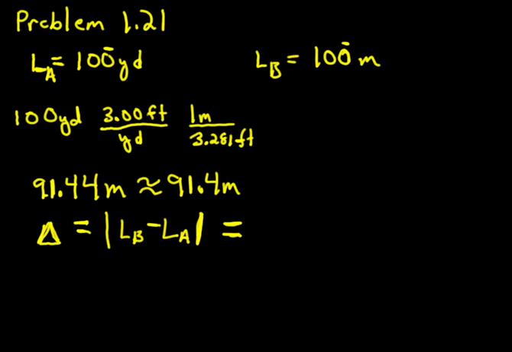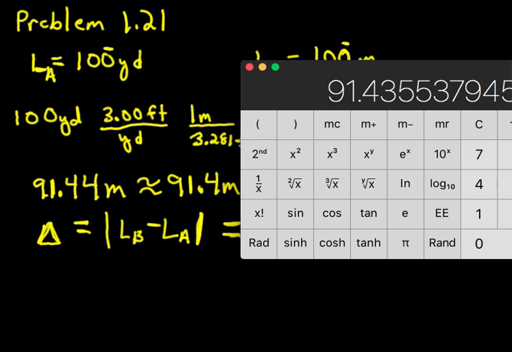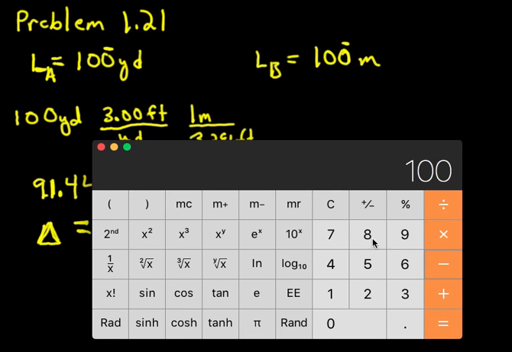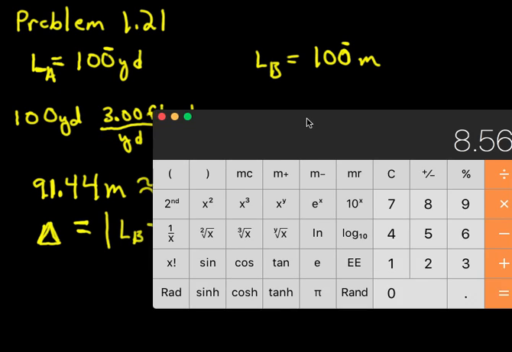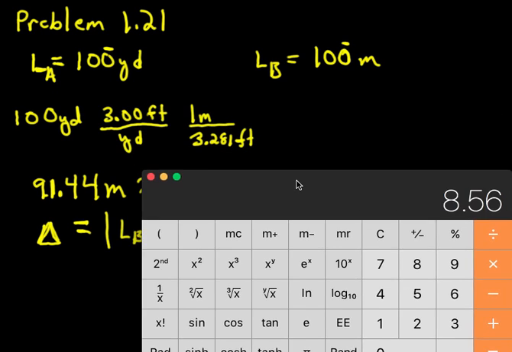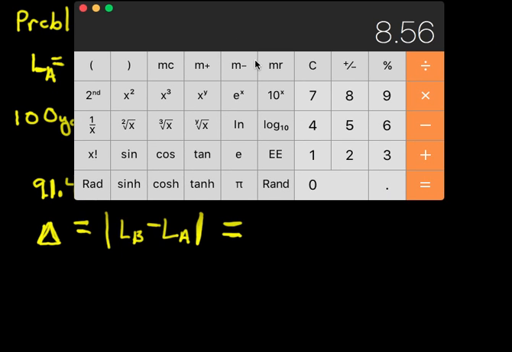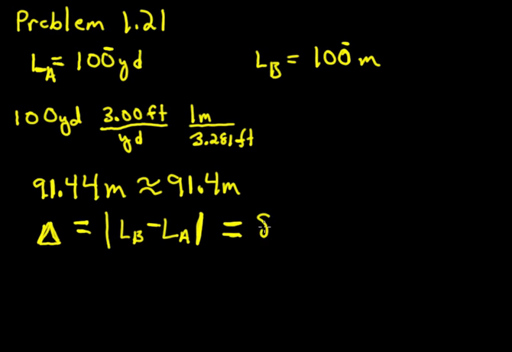Again, I'll get my calculator here, and we'll take 100 minus 91.44, which equals 8.56. It says express your answer in 2 sig figs. So 8.56, there's 2 significant, we round up. So 8.6 meters is the difference. 8.6 meters is the delta. And that gets us part B.